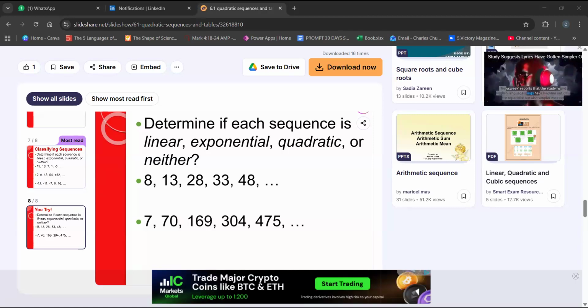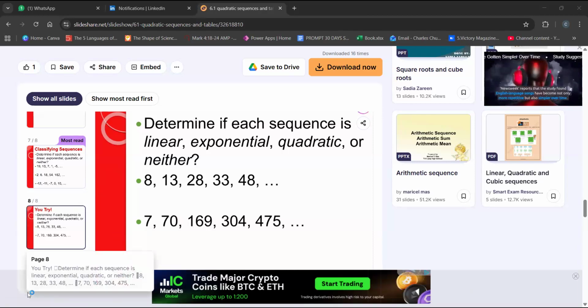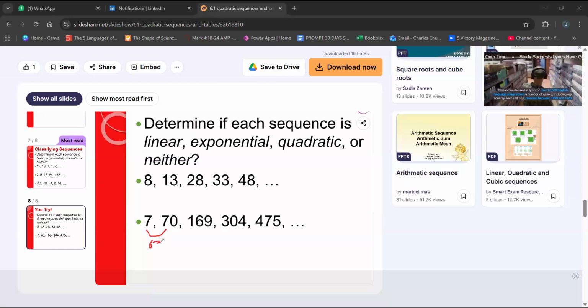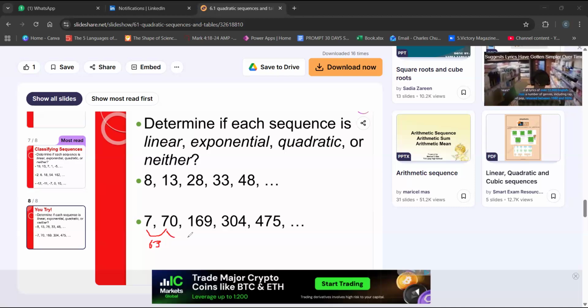If we were to find the difference between 7 and 70, what would that be? 63. 63, right? Yes. Okay. So we just want to establish, between 70 and 169, that's 99.